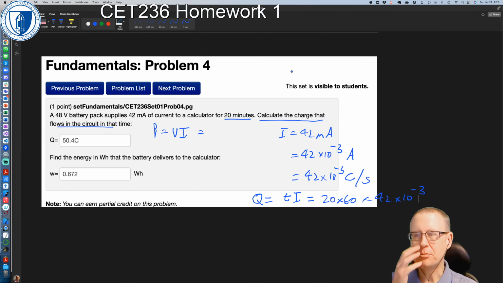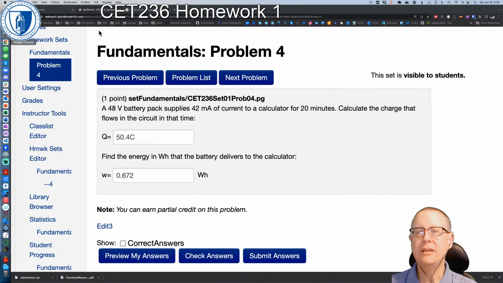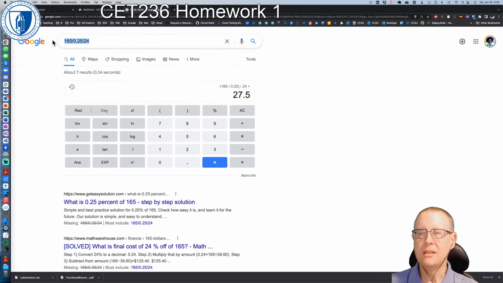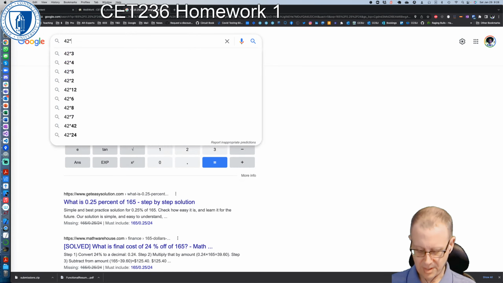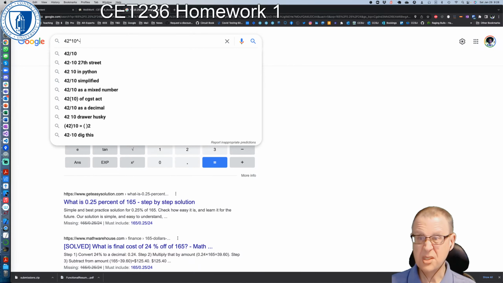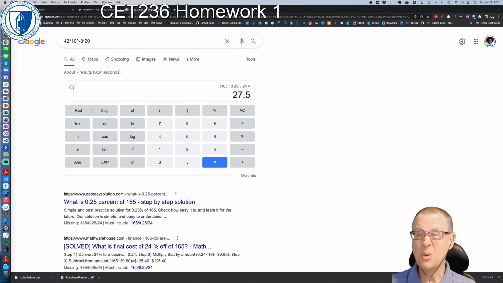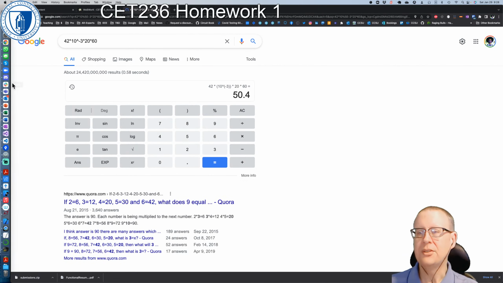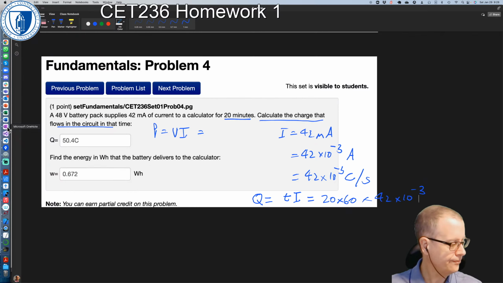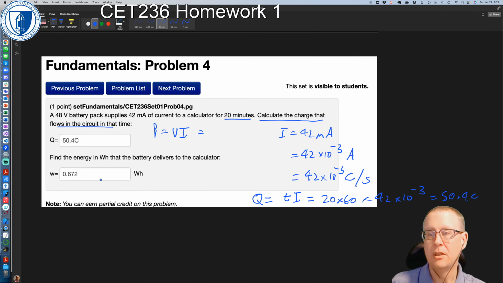So let's see what that brings up in our calculator. So 42 by 10 to the minus 3 times 20 times 60. And that's 50.4 coulombs. Which is what I had before.